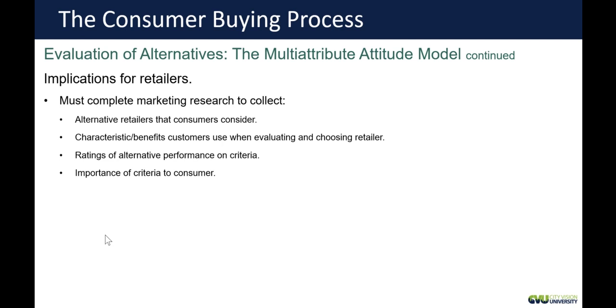So it's not like one size fits all. Certain consumers have certain beliefs, and we need to understand that. It helps us define who our target consumer is, and once we understand that target consumer, we're able to serve them better. So this evaluation of alternatives in the process is really important for us as retailers to understand how we can meet and develop that target market.